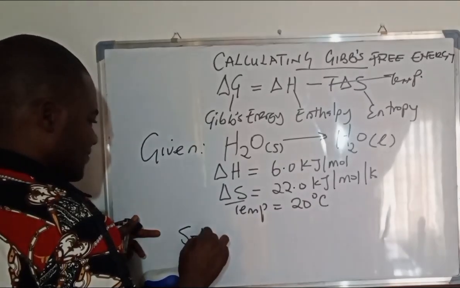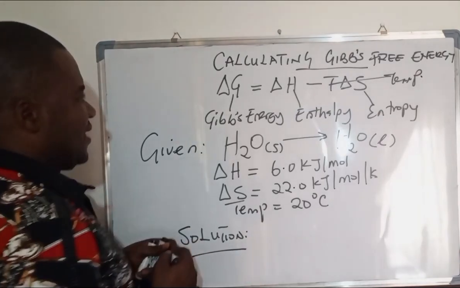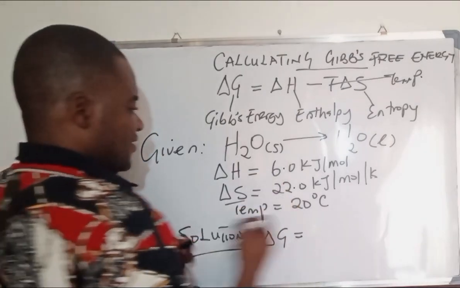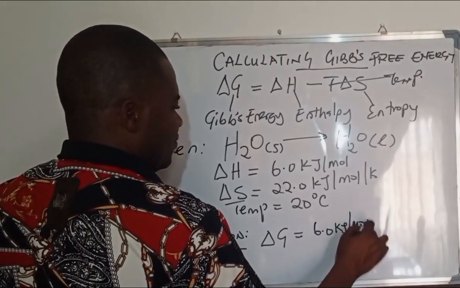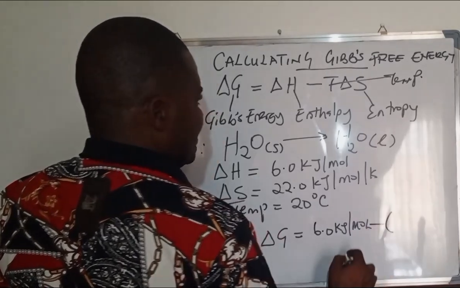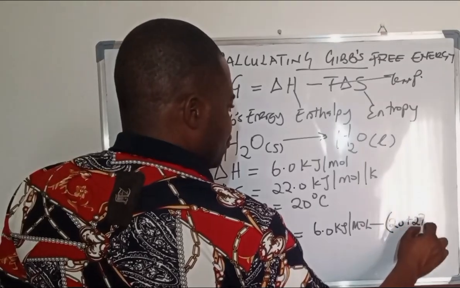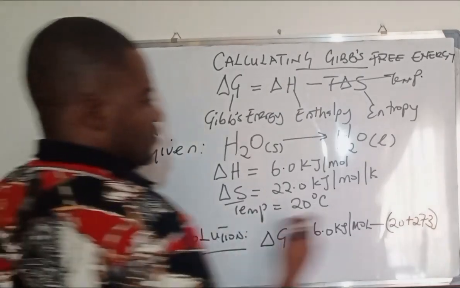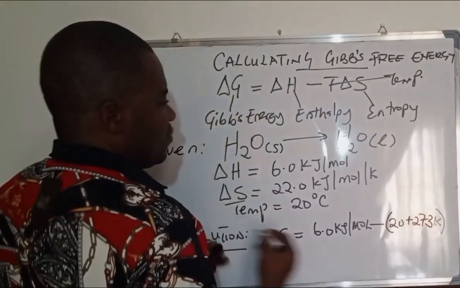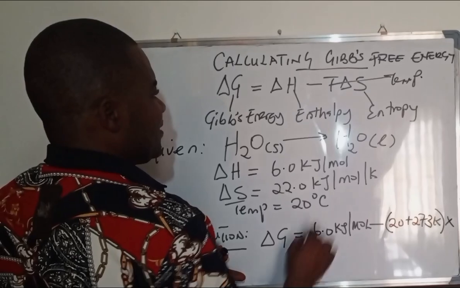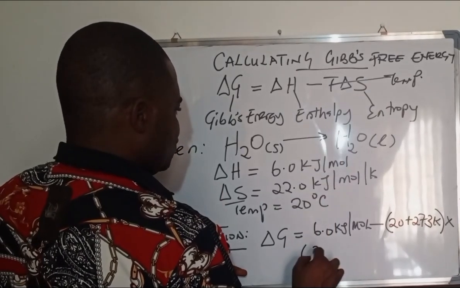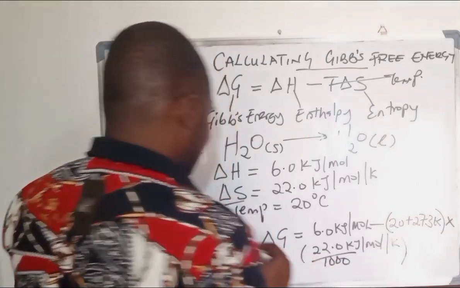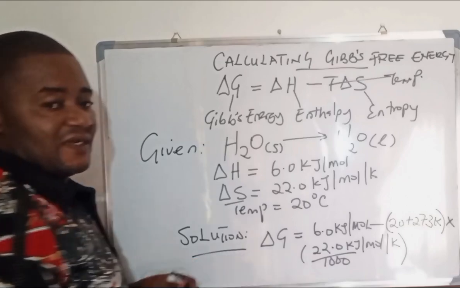Now we'll start our solution here. Our delta G will be equal to delta H. Delta H is given as 6.0 kilojoule per mole, minus the temperature, which is given as 20 degrees Celsius plus 273, because we are going to convert from Celsius to Kelvin. Then we multiply by the entropy, 22.0 kilojoule per mole per Kelvin, divided by 1000, because of the presence of the Kelvin, we have to convert this value.